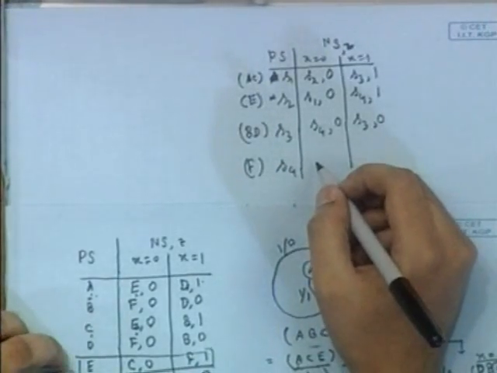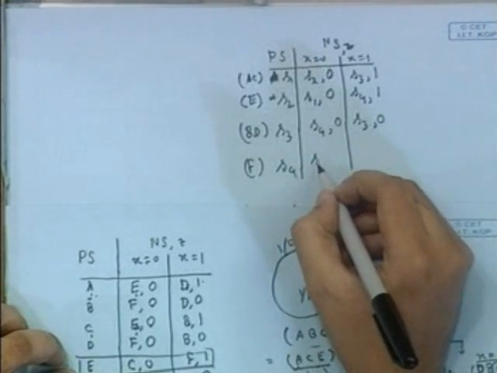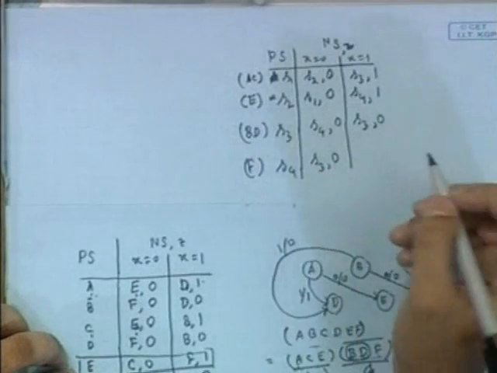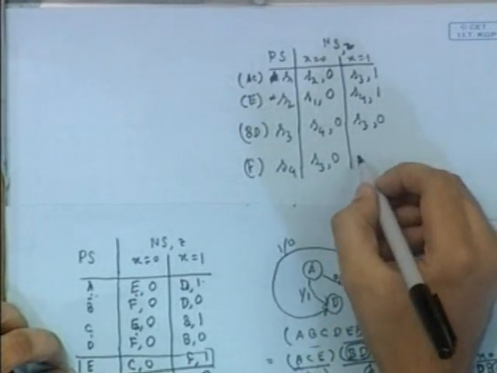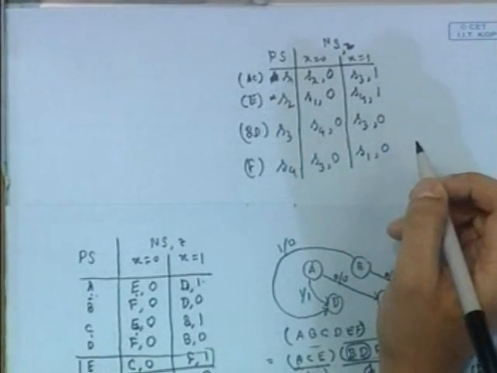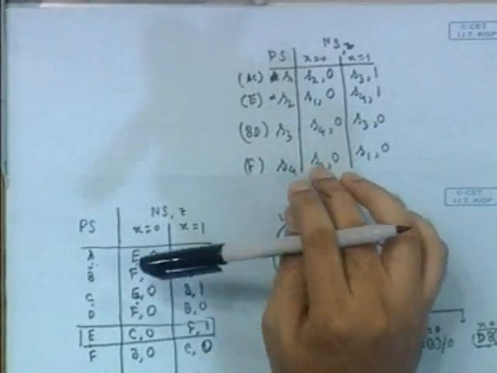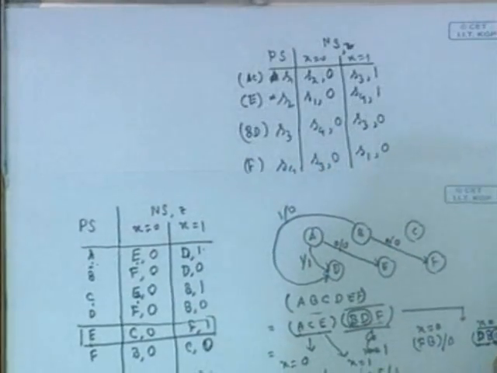For S4 you will go to state 3 with output of 0, and here you go to S1 with output of 0. So this is the minimized state transition table. You got the approach.